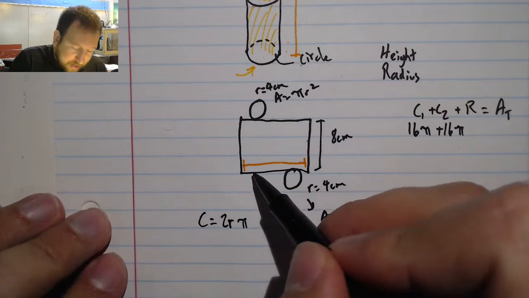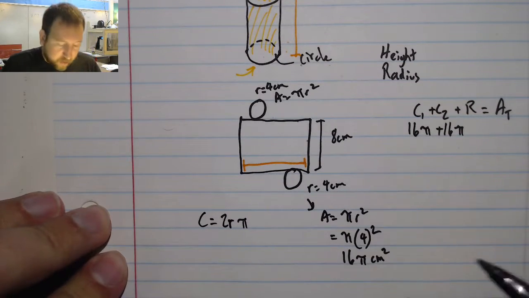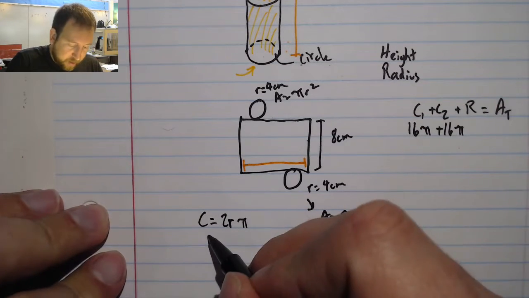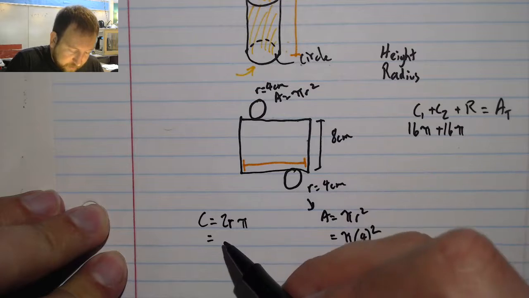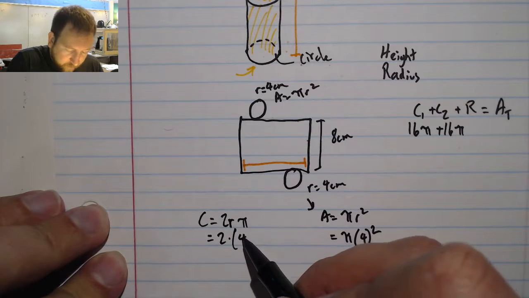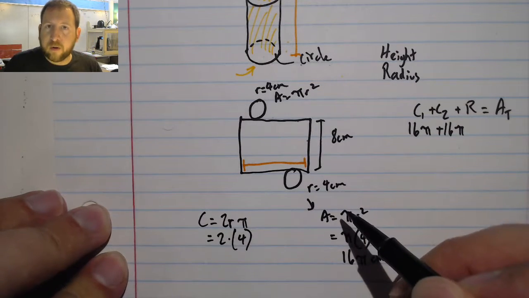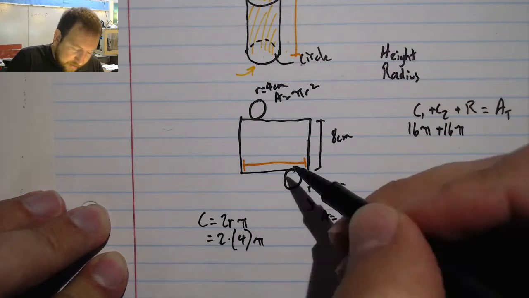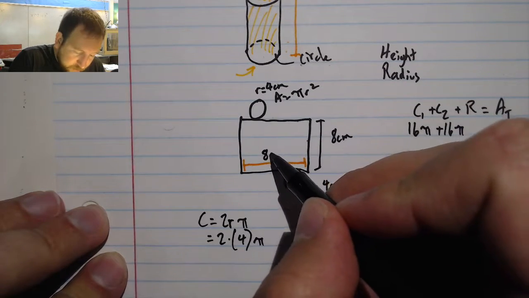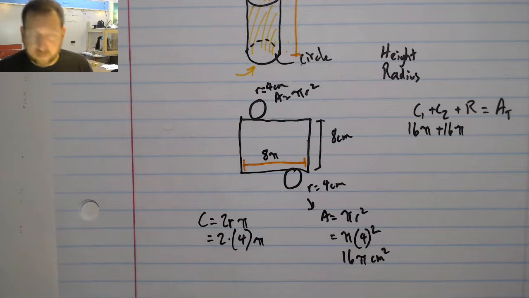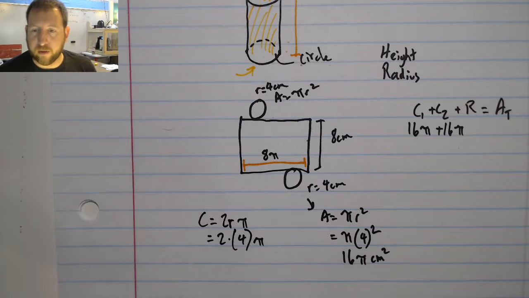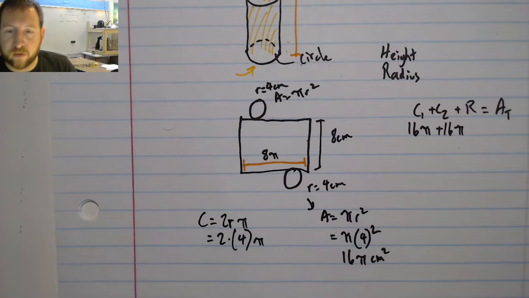So my length for this section also uses r, which is why I only need my height. My circumference in this case is going to be 2 times 4, because I'm using the 4 from my circle, times pi. So my distance here is going to be 8 pi. That's the length of the cylinder that I'm working with, which is kind of cool.